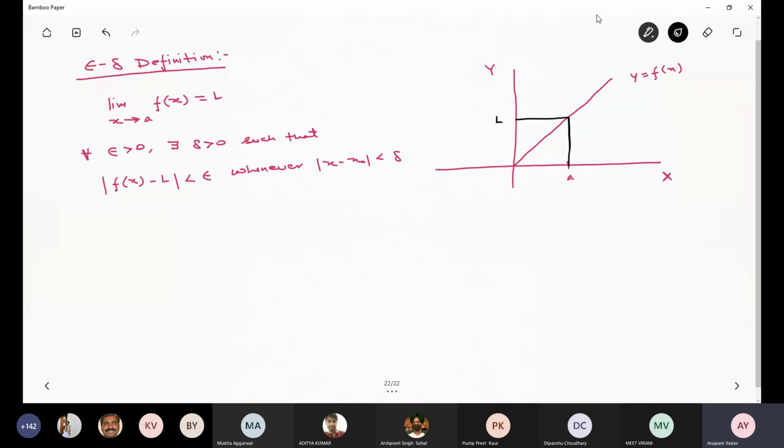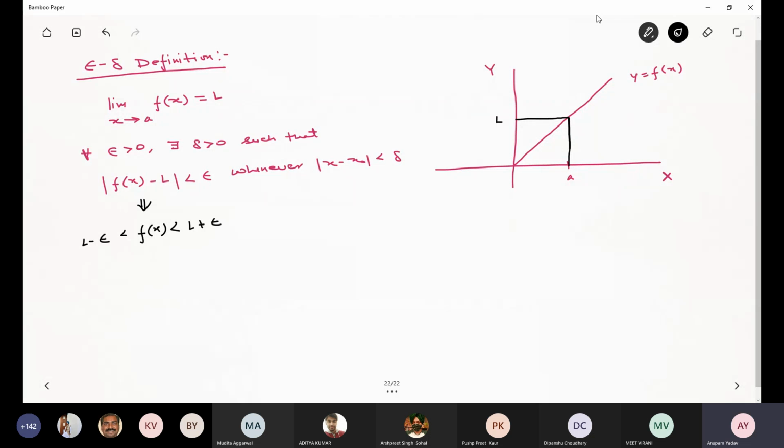So if I'm choosing any positive real number and I solve this inequality, we get f(x) less than L plus epsilon and greater than L minus epsilon.